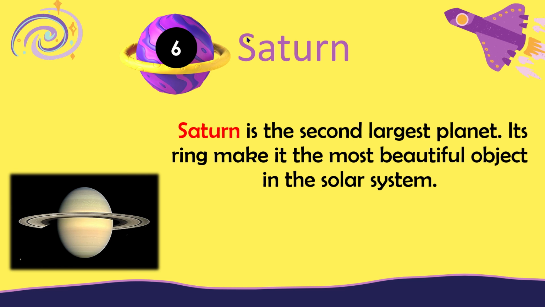Its ring, this one, you call this the ring, makes it the most beautiful object in the solar system. So, what is the most beautiful planet in the solar system? Yes, it is Saturn.